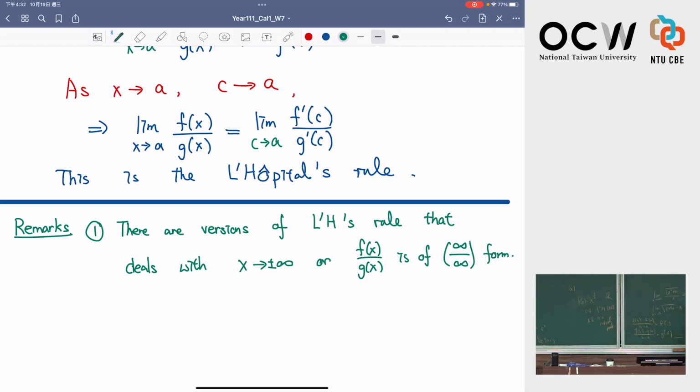The proof is not too hard, but there's some trick, and I don't want to spend time going through it here. Actually, the crucial ingredient is still the Cauchy MVT.